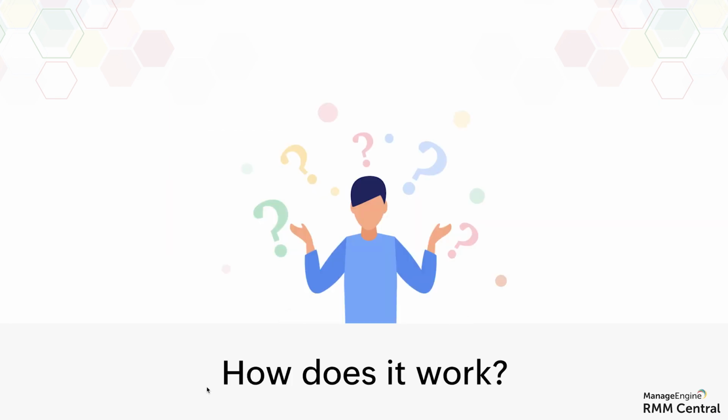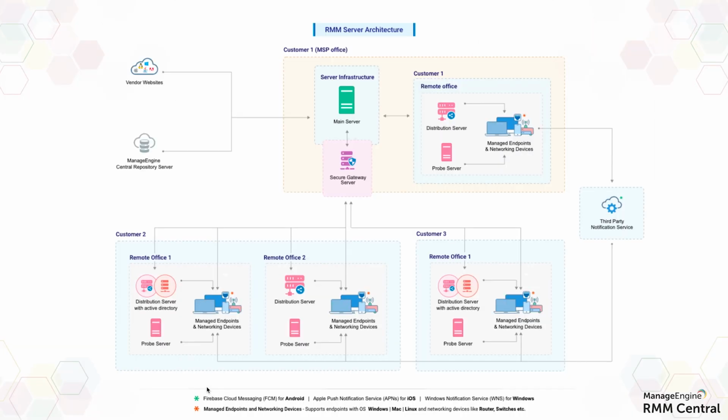Now let's see how this works. To explain how this works, this image can give you a better understanding of the architecture of this RMM Central. So this is where you've got your customer 1, and you would be able to see the server infrastructure and a secure gateway server where the communication happens from the rest of the customers to the MSP's main installation.